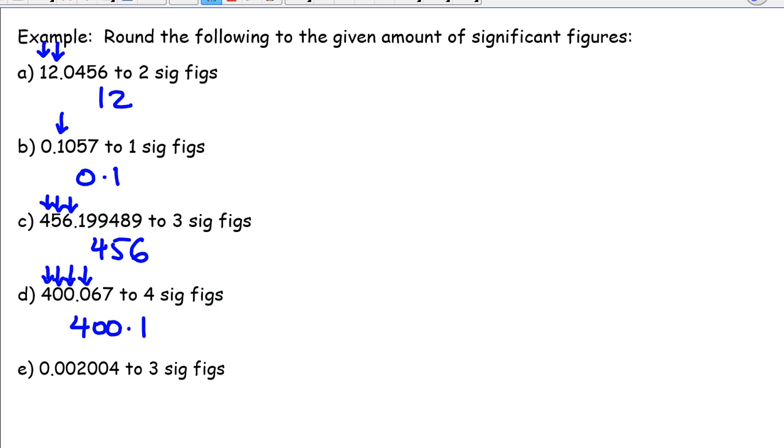So my first significant figure here will be 2. Second will be 0. Third will be 0. So my answer here will be 0.0200, because if you look at 4, it's of course less than 5. So we just ignore it.